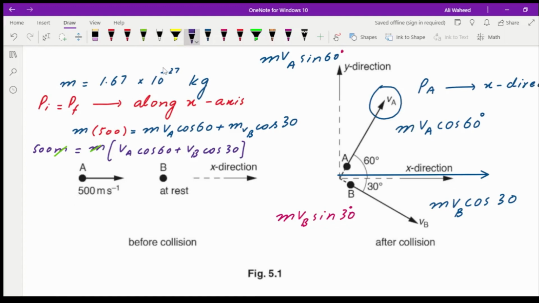So somebody please keep a check on the calculator. The equation that we would have is 500 equals VA cos 60, and the value of cos 60 is, oh sorry, 0.5. So 0.5 VA plus 0.866 VB. So this is one equation that we can use for the final answer. You can call this your first equation.